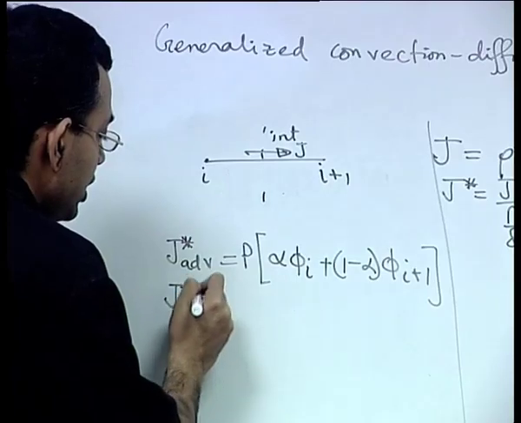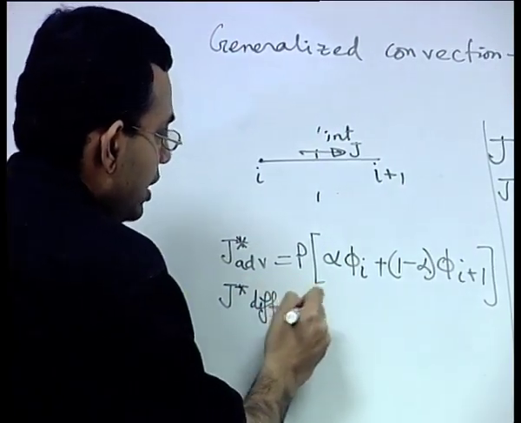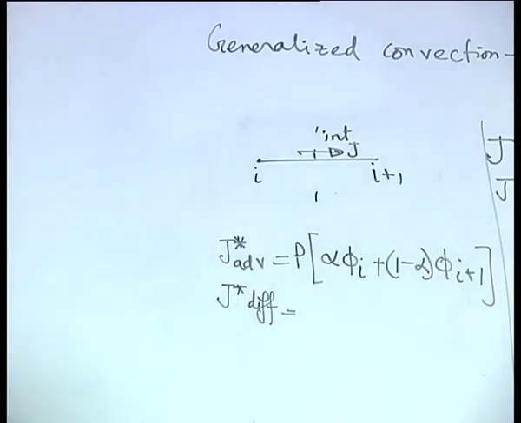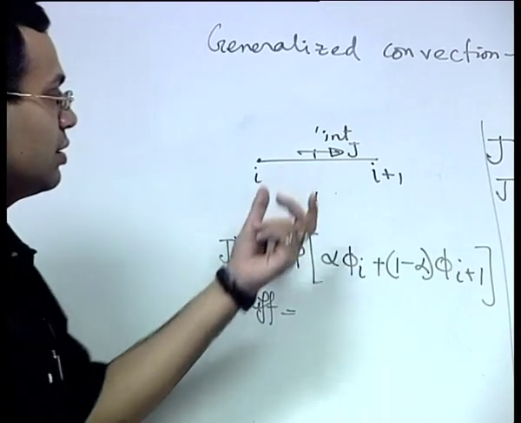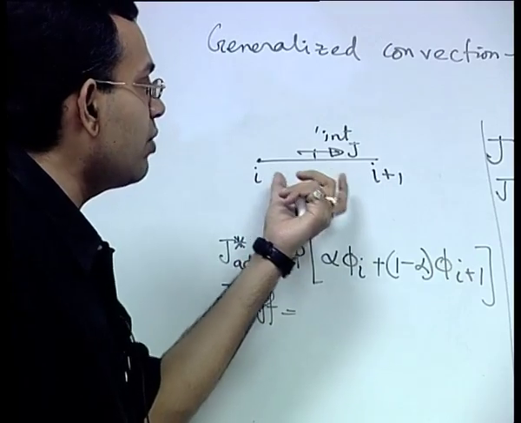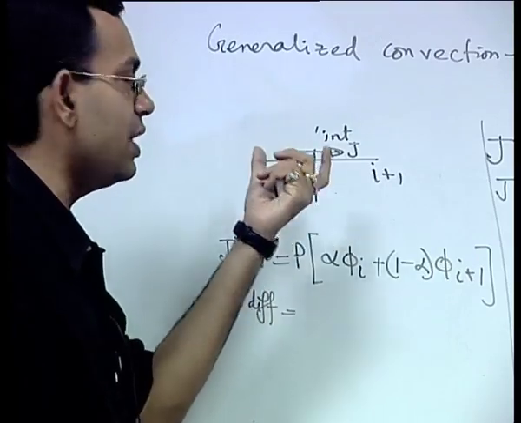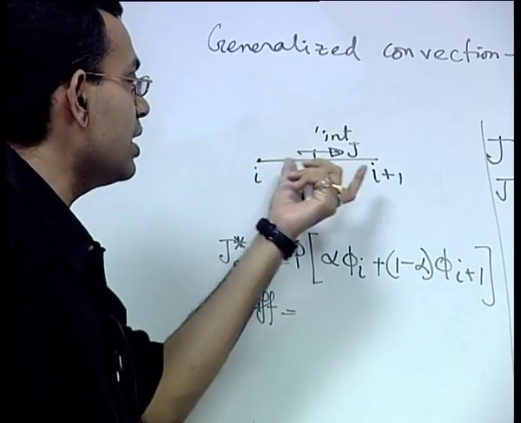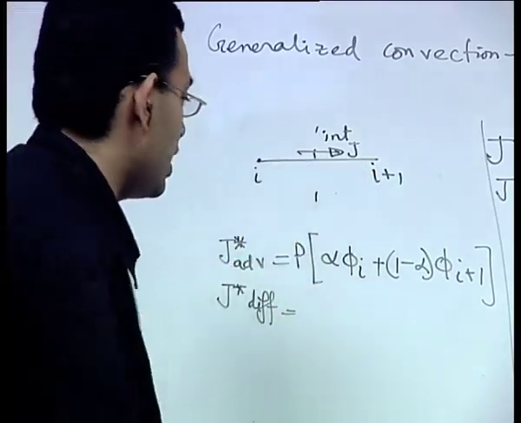J star diffusion, we have seen that the diffusion flux is proportional to the negative of the gradient of phi. That means essentially the difference in phi between the points I and I plus 1.